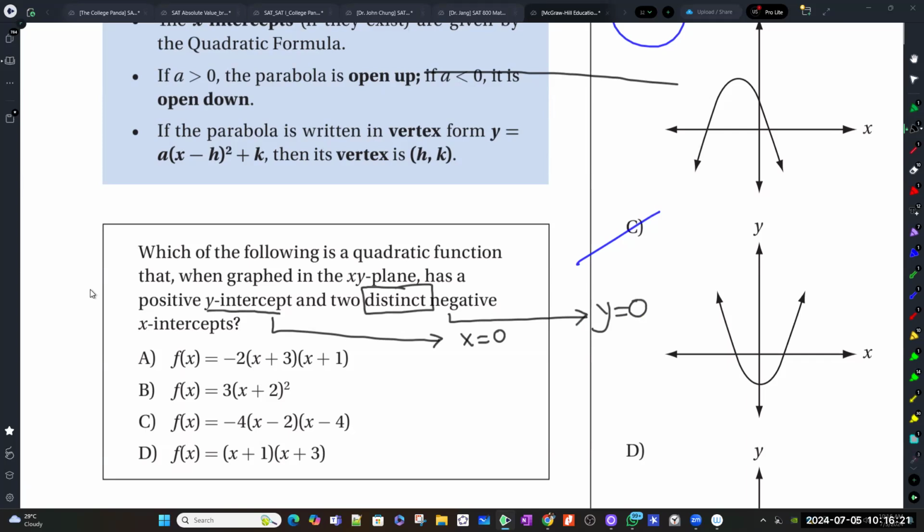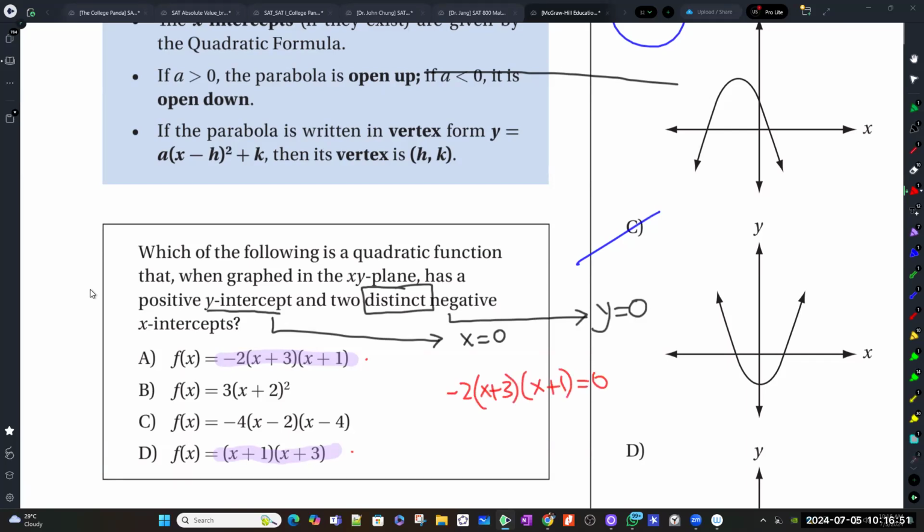And both need to be distinct and both need to be negative. So some of you, just by looking at the first equation and the last equation, can see that these are the two where the x-intercepts are negative. Those of you who still don't know, no issues, I will help you.